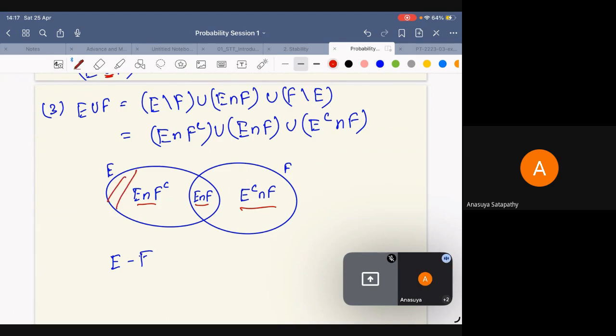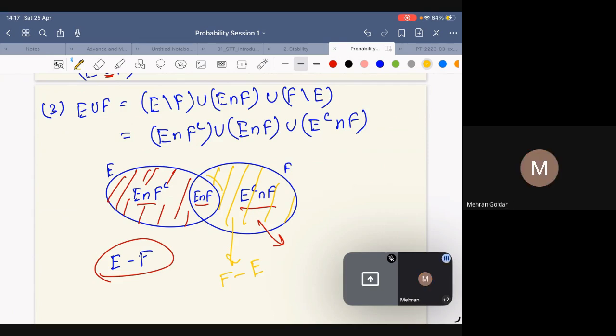And this part, not including the middle, you can write F minus E. We can also write E minus (E intersection F) because of the common part in the middle.